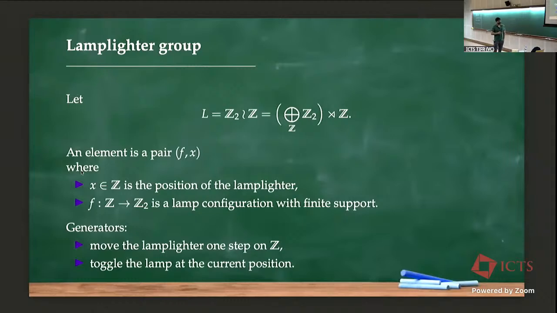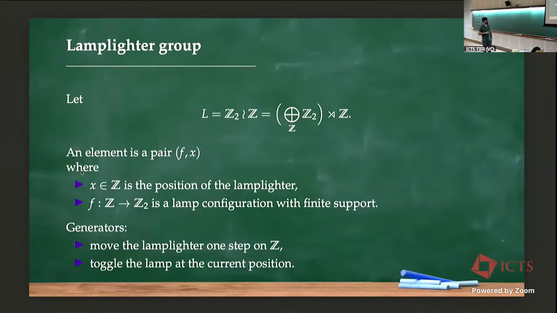Okay, formalizing this a little bit. An element is a pair. This is an algebraic way, so if you don't like it, don't worry about it. Every element is a pair: there is an f, there is an x. x comes from the base, and f is a lamp configuration with finite support, as I was mentioning.